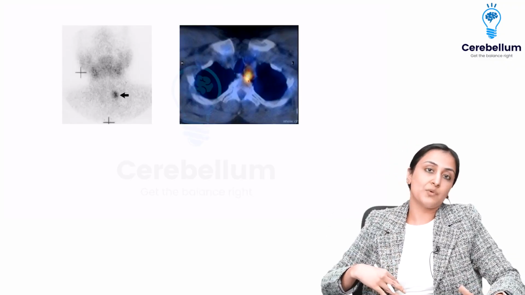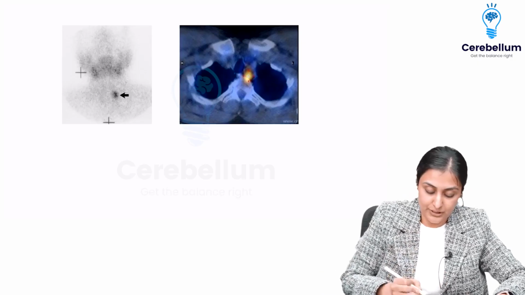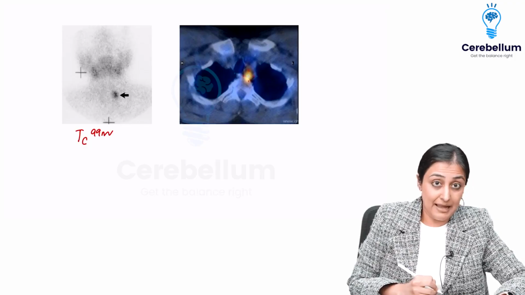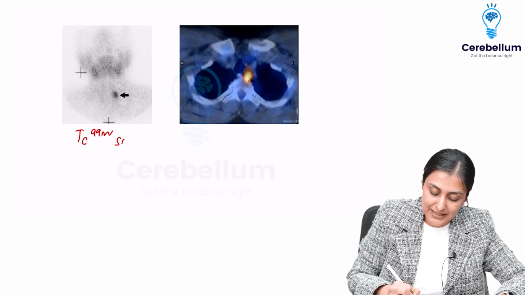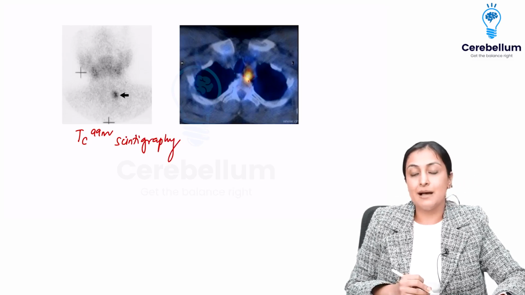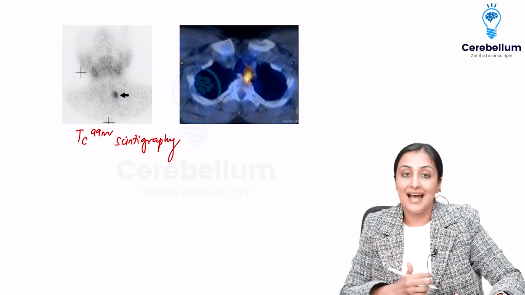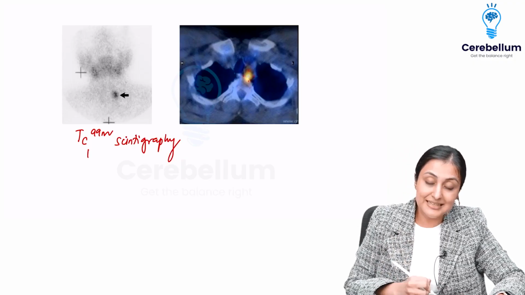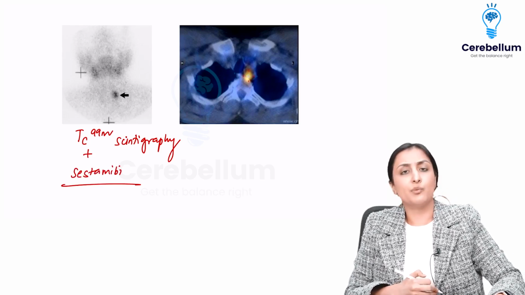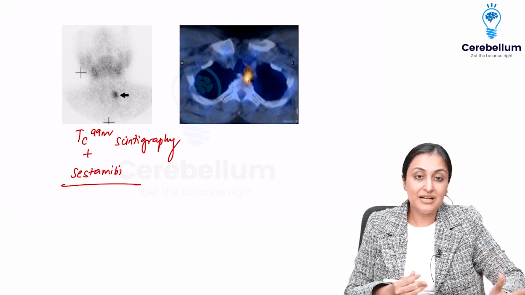So first of all, I want to tell you the concept of nuclear medicine. We have these technetium-99m studies. So these are technetium-99m scintigraphy studies. For example, I want to know about parathyroid adenoma. What I do is I link this technetium-99m with a compound called sestamibi. This sestamibi has a property to go to parathyroid adenoma, if any.